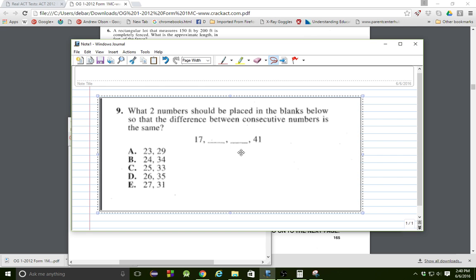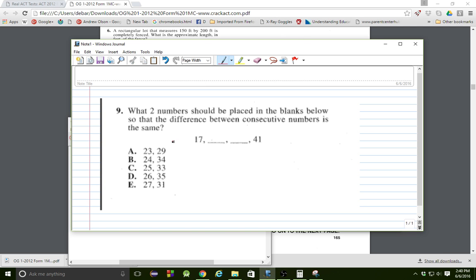Okay, so this is pretty interesting. The first thing we got to remember is that the difference between consecutive numbers is the same. So each time that we move one space up, we're adding x.